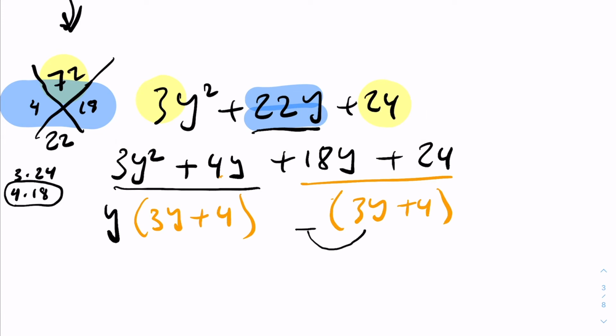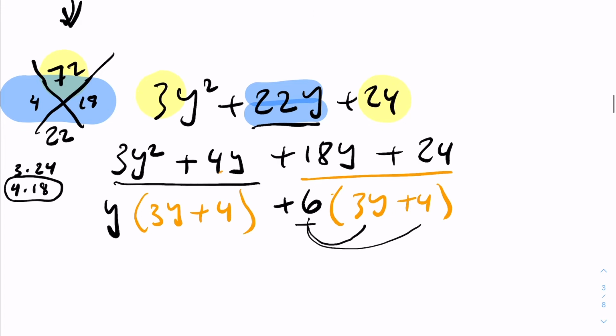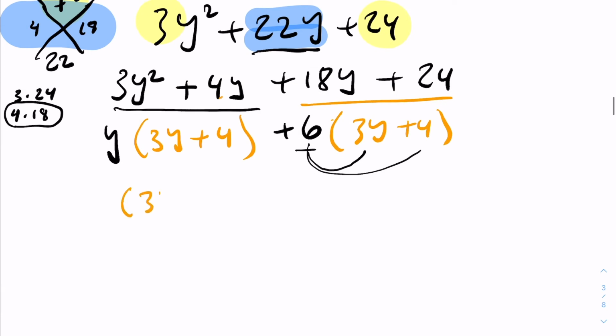How about if I say plus 6? So distribute your 6 times 3y and you get 18y. And 6 times 4 is positive 24. So that's looking good. And so what factors out is our common group, which is 3y plus 4 times what's left, which is y plus 6.